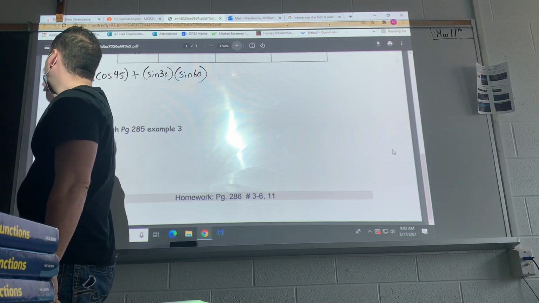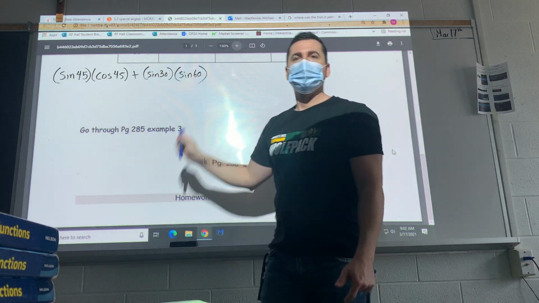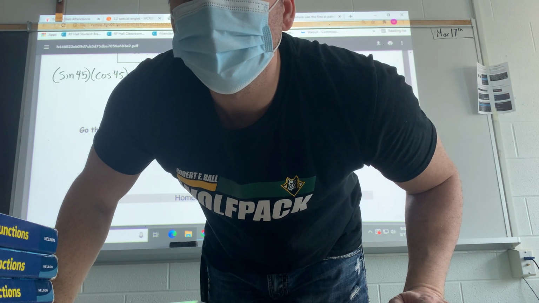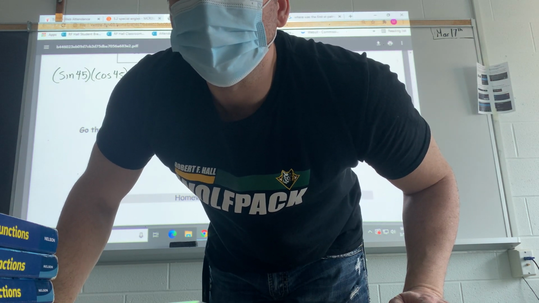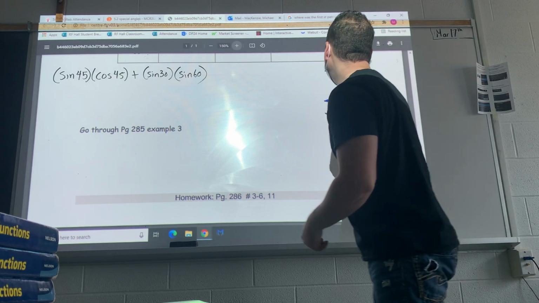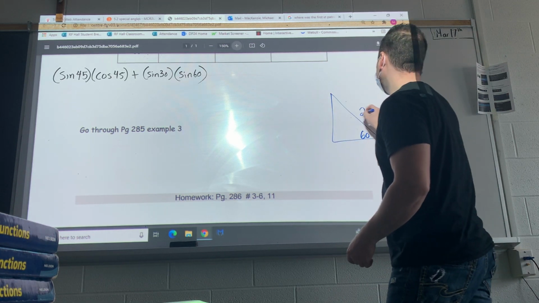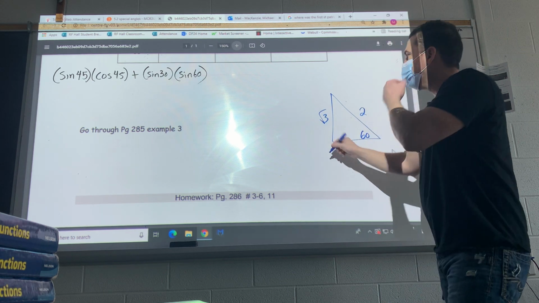Okay, so sine 45, what was it in the chart? How is the hypotenuse less than the opposite for angle 60? Casey, it's not. So 60 degrees, 2, root 3 and 1.